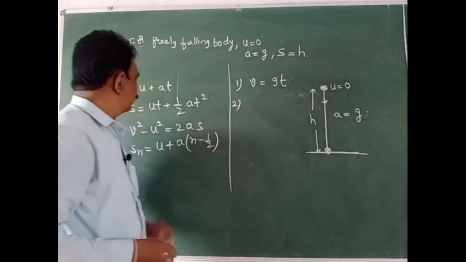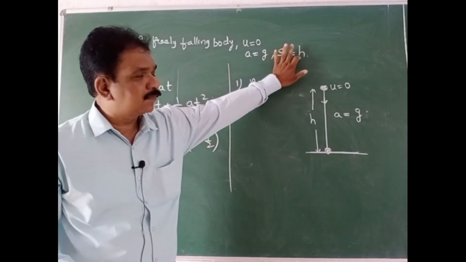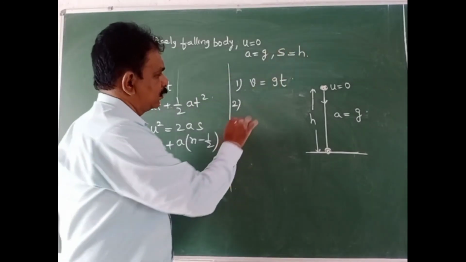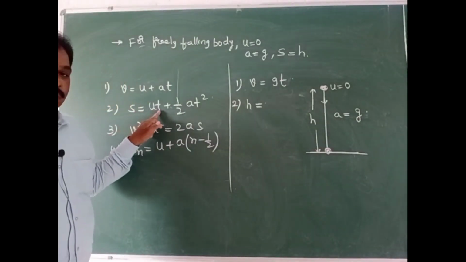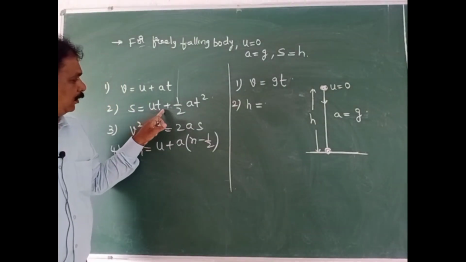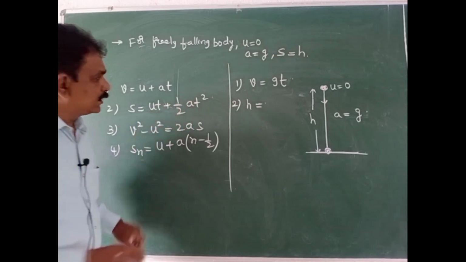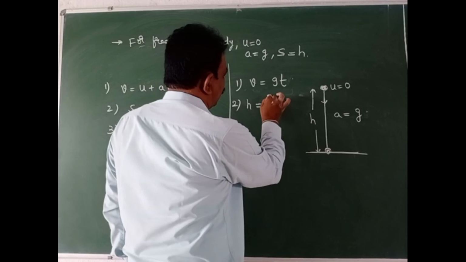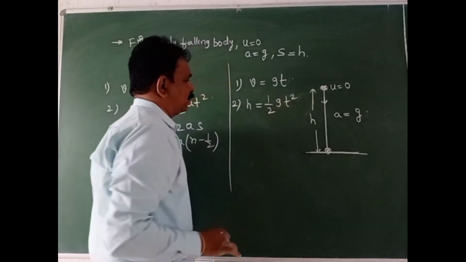Second, s place how much to substitute? h. U is 0, so ut becomes 0. Still what is there? Half gt square.